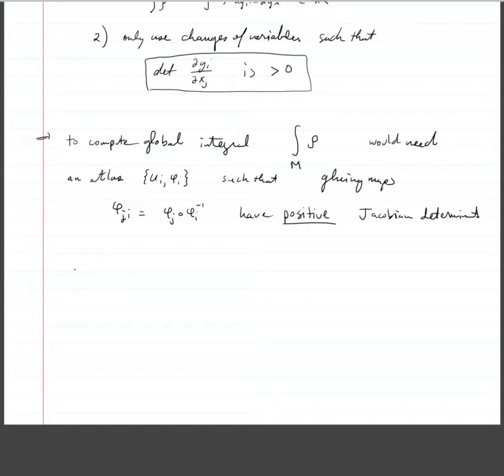And this is one way of defining what it means to have an orientation on the manifold.